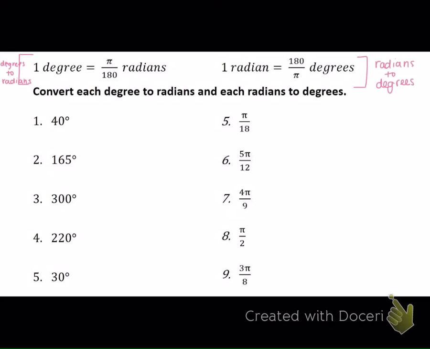All right, the next thing you need to realize is that radians needs to have pi in the numerator. So you'll notice the relationship. These are not that different. One is pi over 180, right? And the other is 180 over pi. Here's how you know which one is which. This is going to radians because radians must have pi in the answer.